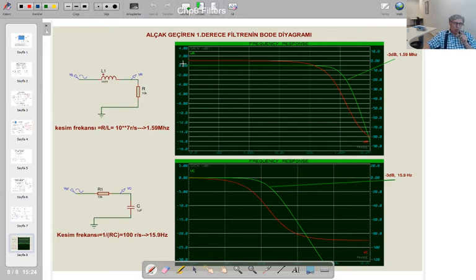The transfer function levels here are in decibel. That means 20 times log 10 of the modulus of H(j omega). It's not shown here, but this is 20 times log 10 of the transfer function modulus, so in decibel, isn't it? So that is the definition of decibel values. That's the end of the low pass filters.